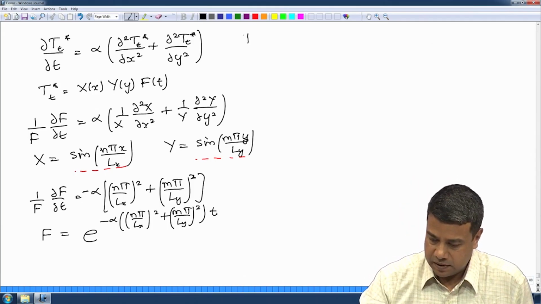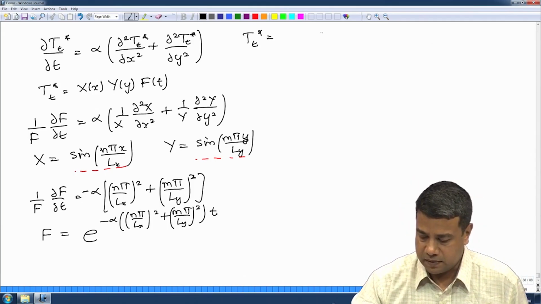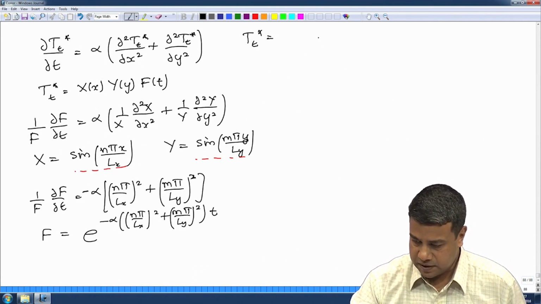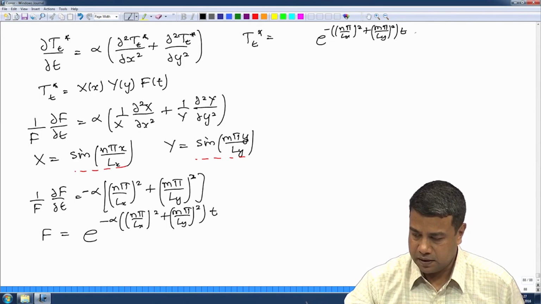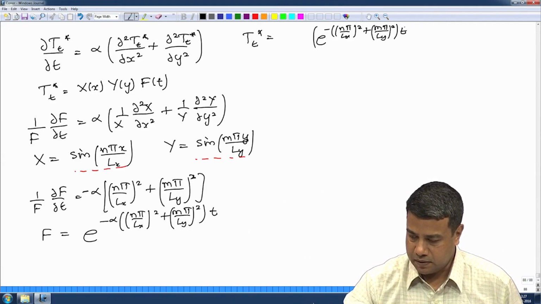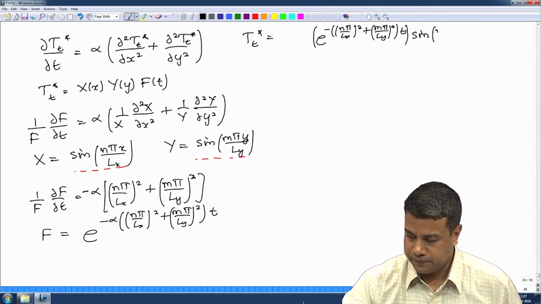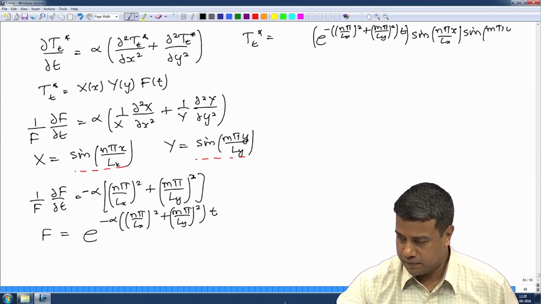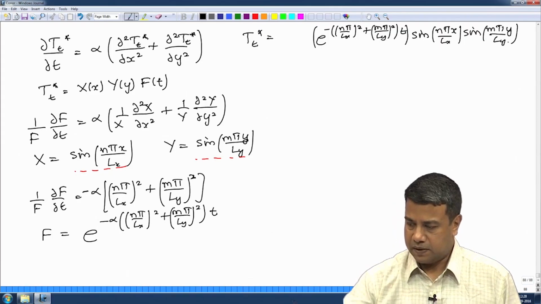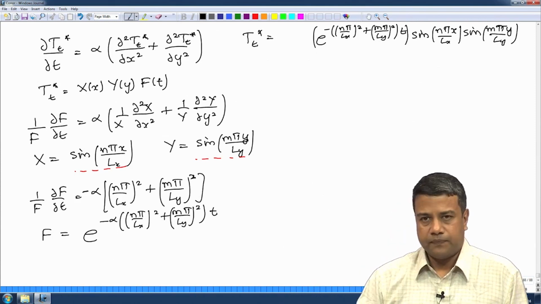The total temperature T star is equal to this function f, e power minus alpha times the sum into t, into sine n pi x by Lx sine m pi y by Ly.